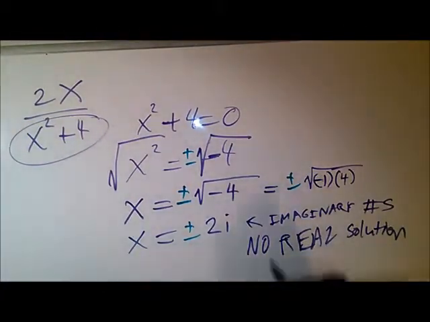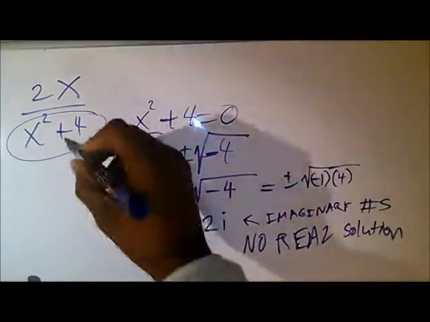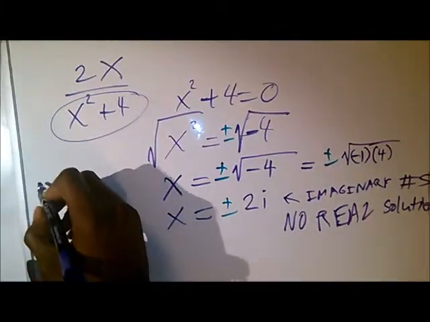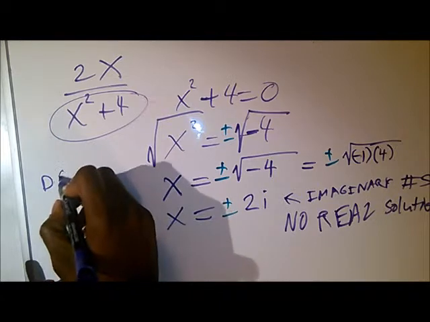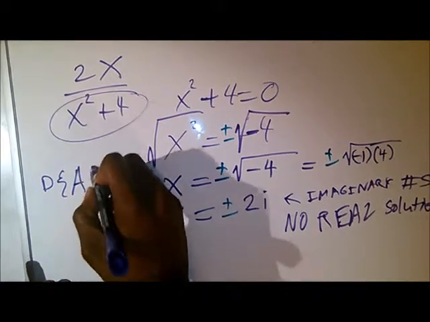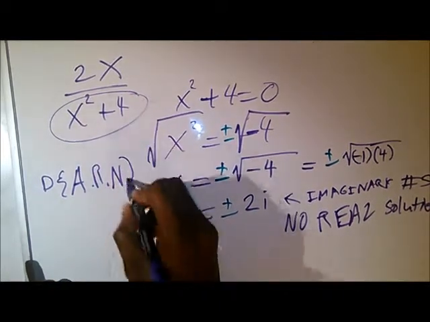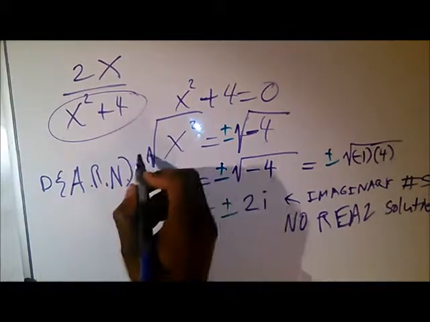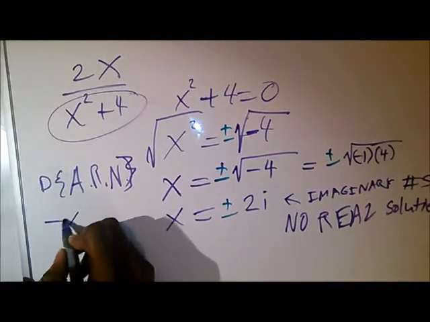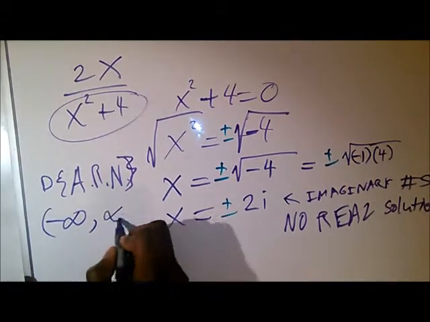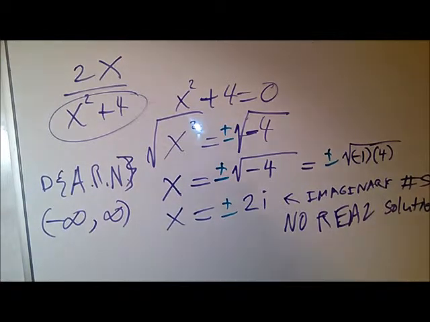That means the domain of this function is all real numbers. You can write all real numbers like this: negative infinity to positive infinity. That is interval notation. Okay, great.